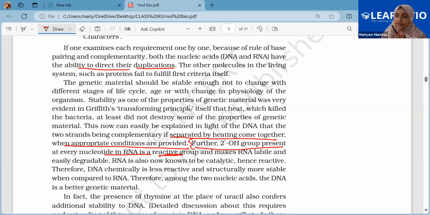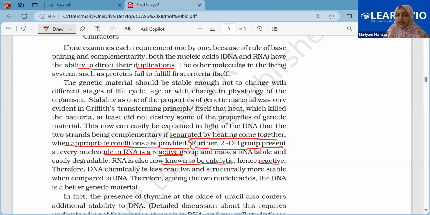Because of the presence of this group, the RNA becomes labile and easily degradable. It is very reactive. And RNA is also now known to be catalytic in nature. Hence, it is reactive. So, because of all of these things, it is not stable. It is degradable. So, it cannot be the genetic material.